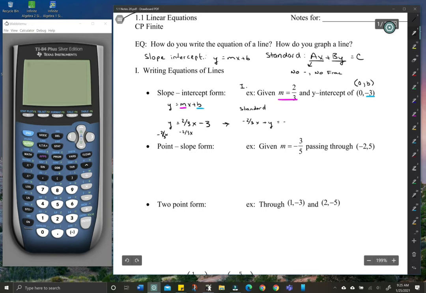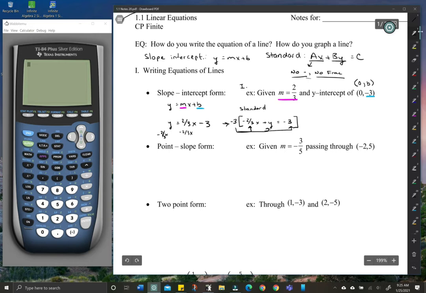And for standard form, we just have to fix it up here. We don't want a negative, and we don't want a fraction. So if we multiply each side by a negative, and also by the greatest common denominator, 3, so if I multiply everything by negative 3, that will get rid of the fraction and also the negative.